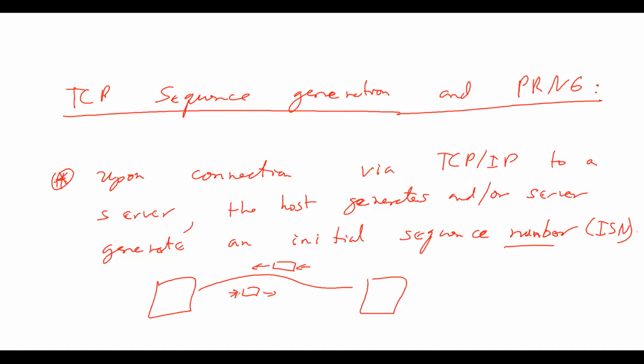These sequence numbers are basically for two things: to keep track, to reassemble the data, and basically as a security mechanism in the tunnel, because those numbers are very difficult to guess.